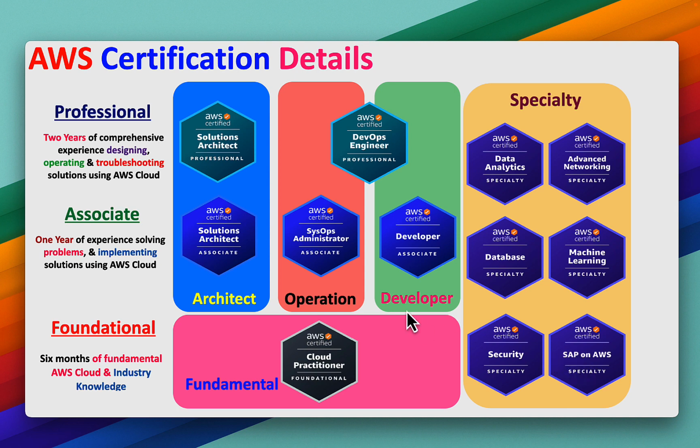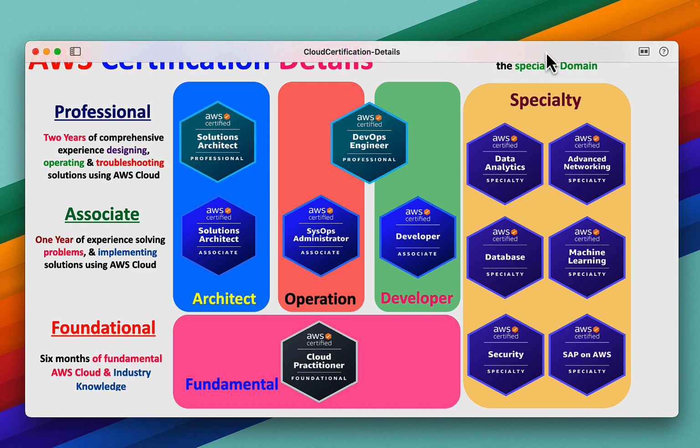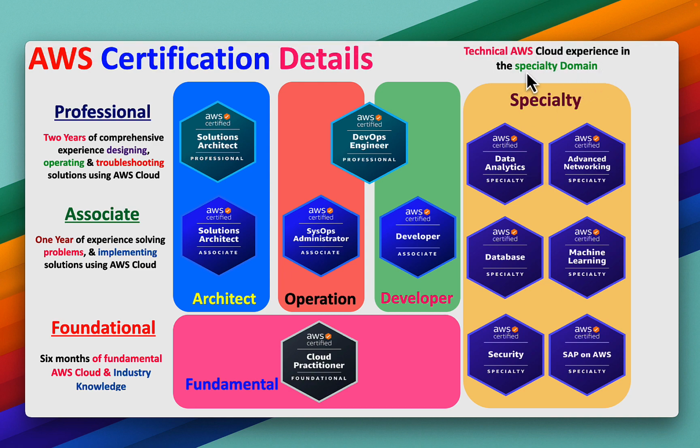So if you look at this, the specialty certificate is more focused on the experience that you have in a specific domain. So, technical AWS cloud experience in the specialty domain, right? All certifications we cannot appear for, but it depends on whether we want to go for database specialty or ML specialty.